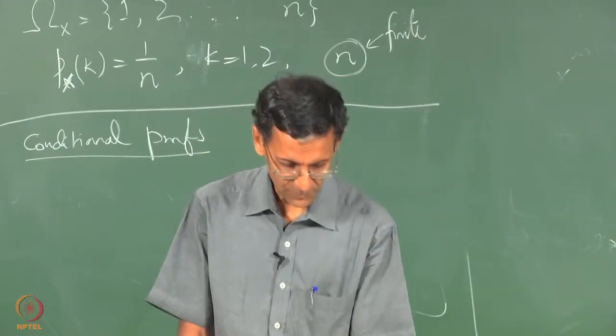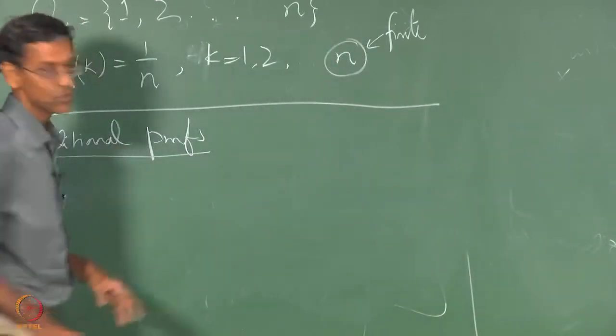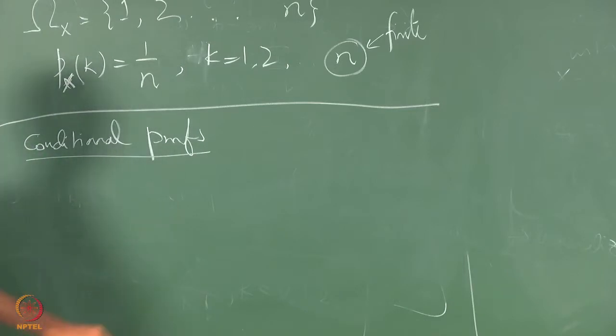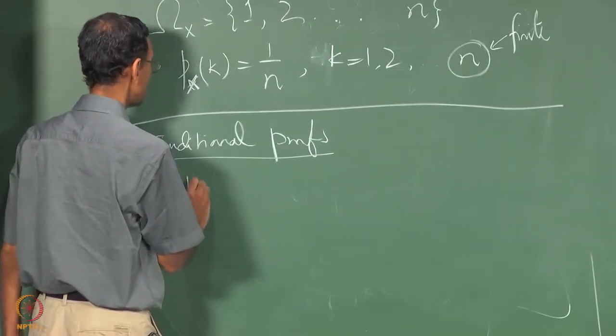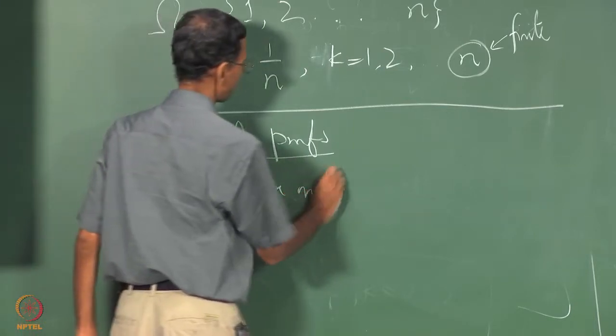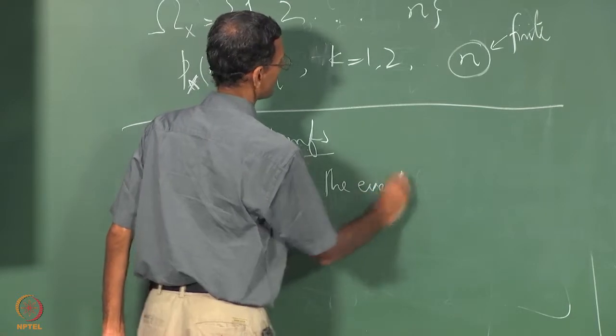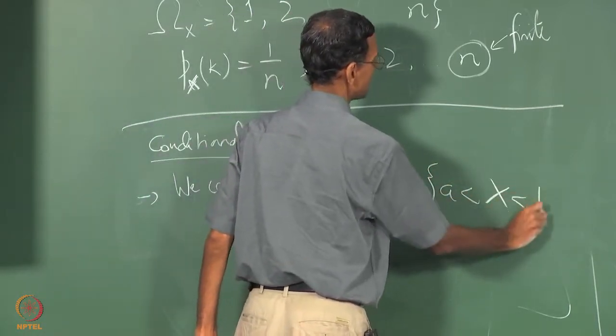Maybe I will take it up in a more detailed fashion tomorrow. I just want to introduce a point now. So let us say we condition on the event a less than x less than b.